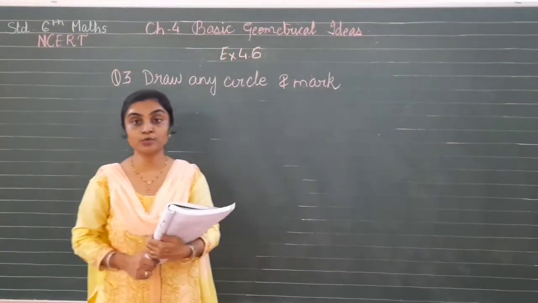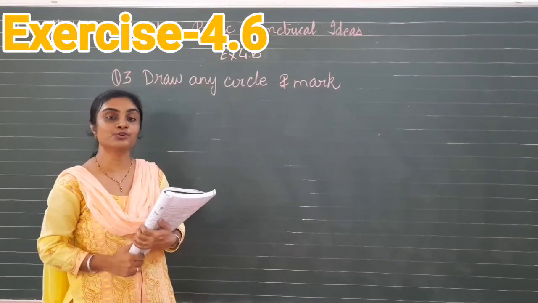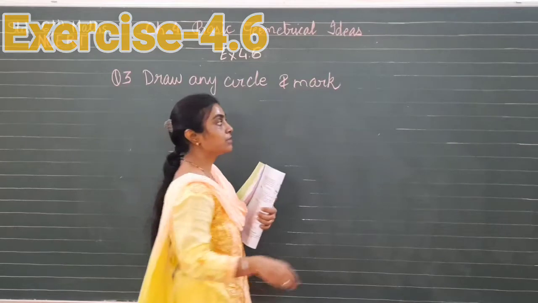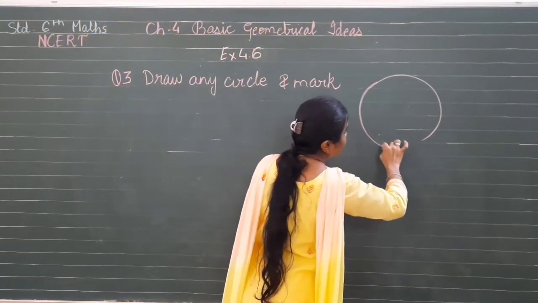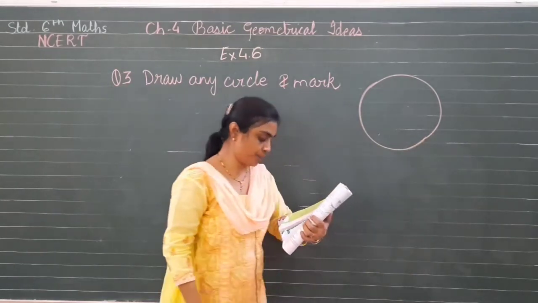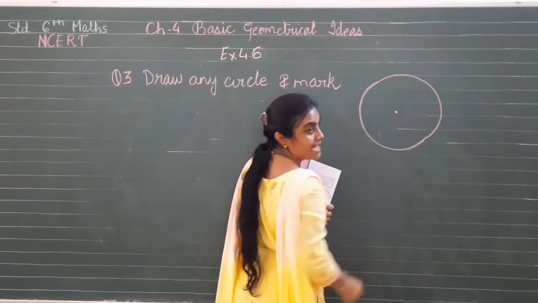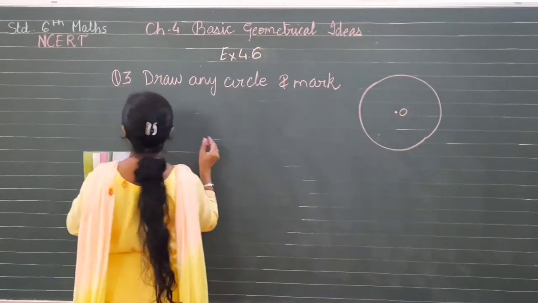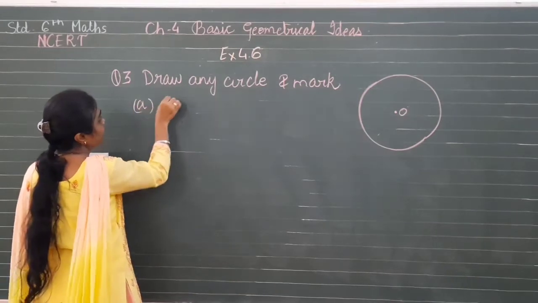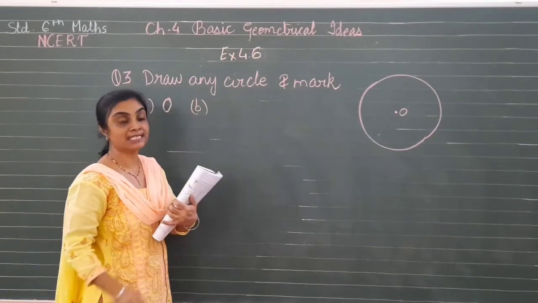Now let us move to the third question. Draw any circle and mark. So here we have to draw a circle and mark the points. Suppose I am drawing a circle. Now, first its center. I am marking this point as the center and naming it O. Now B, a single radius.